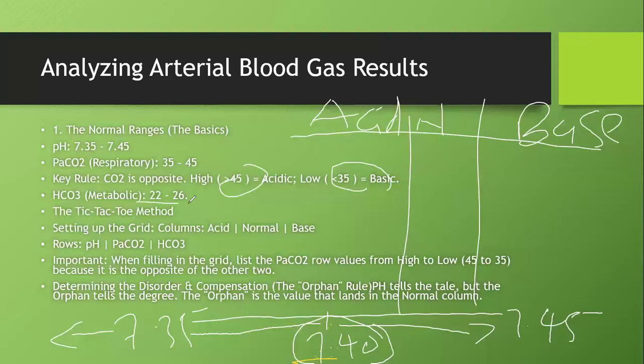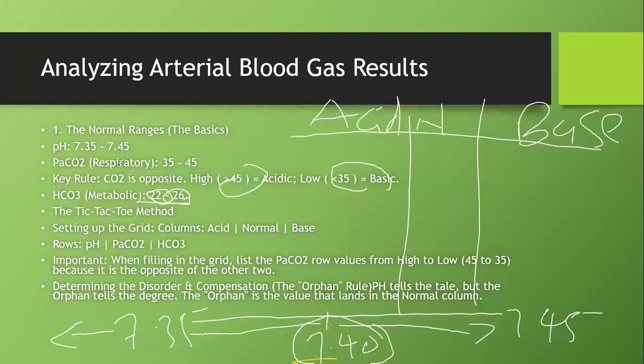Sorry, bicarbonate. Bicarbonate in itself is considered as a base. And so if you have more bicarbonate, the system is likely to be alkalotic. And when you have less bicarbonate, the system is more likely to be acidic.